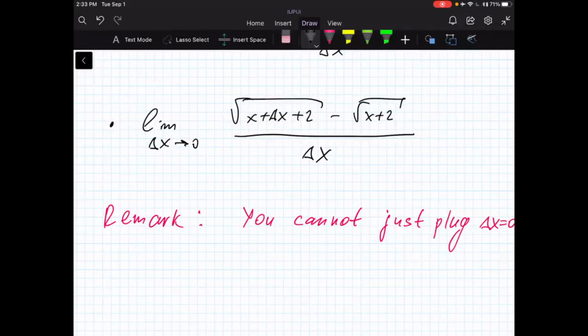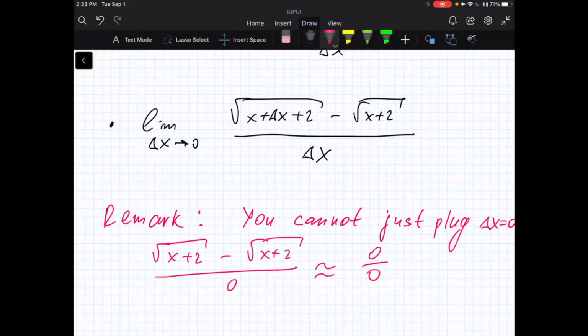But in this case, if you try to do that, what you'll get is square root of x plus 2 minus square root of x plus 2 divided by 0. So you get something like 0 divided by 0, an indeterminate form. And it will happen in all cases when you try to calculate the derivative. If you just plug in delta x equals 0, you will get 0 divided by 0. And so you have to use some tricks that we discussed during our section 2.2.